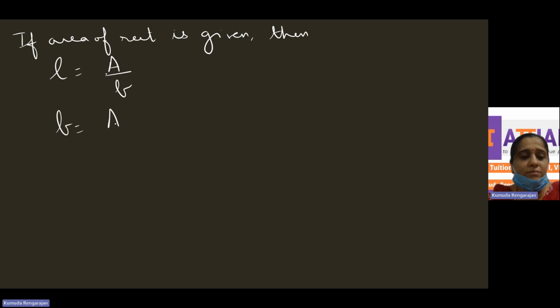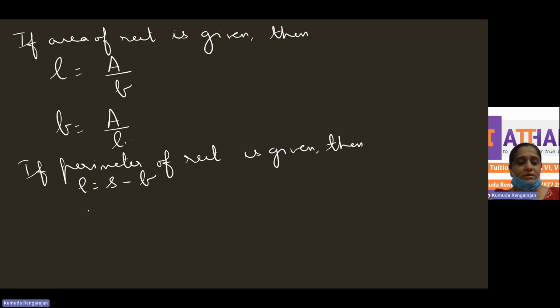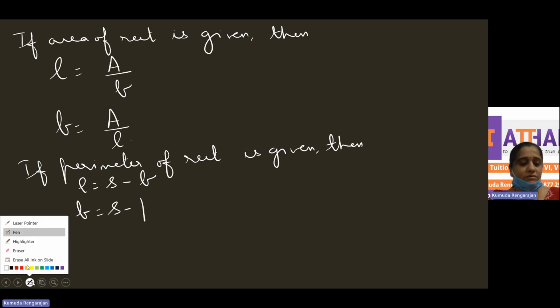B is equal to area by length. If perimeter of rectangle is given, then length is equal to semi-perimeter minus breadth. Breadth is equal to semi-perimeter minus length.